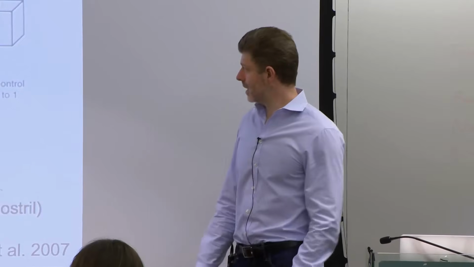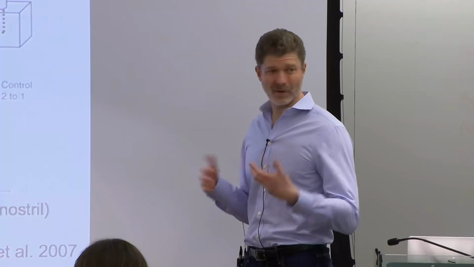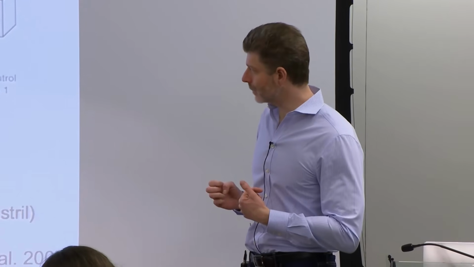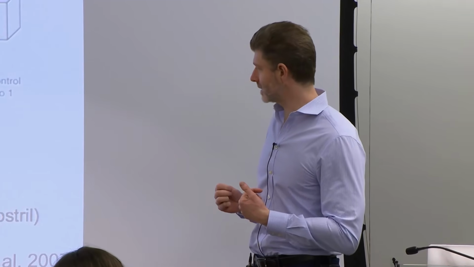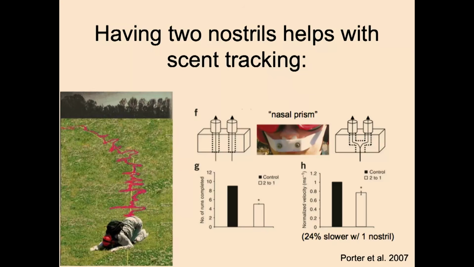Okay? And so the question is, if you're using the fact that the two nostrils are getting input from slightly different regions of space, that should show up in your ability to perform this scent tracking task. And that's what the results show. These are two different measures of how well people could track scents across the grass.